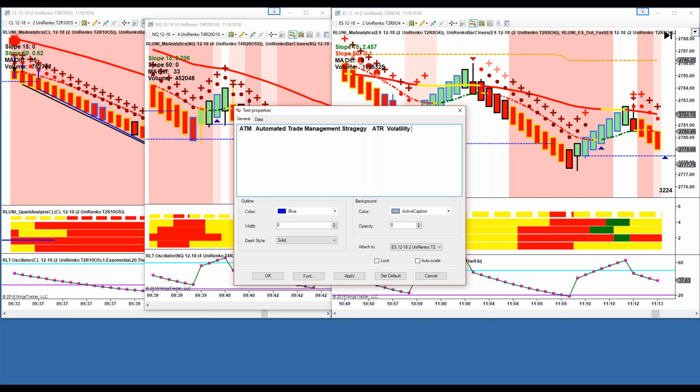And what that tells you is where your entry is, where your stop is, and where your first, second, and third target is.